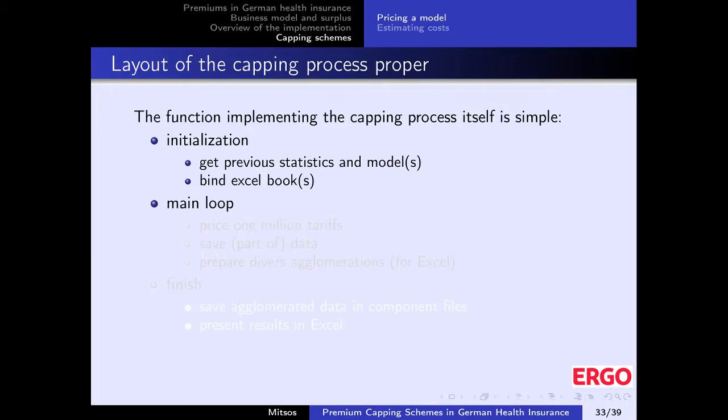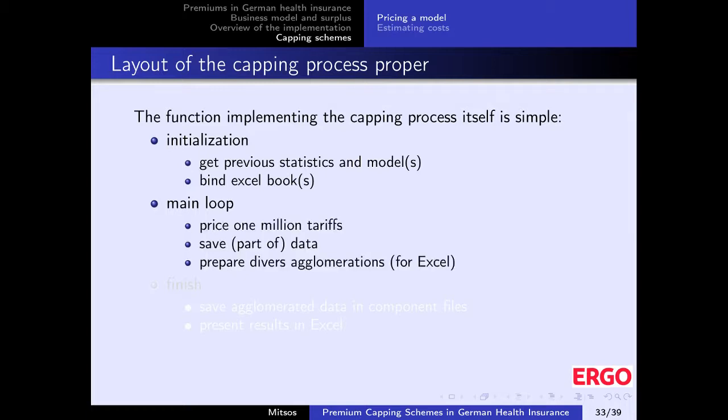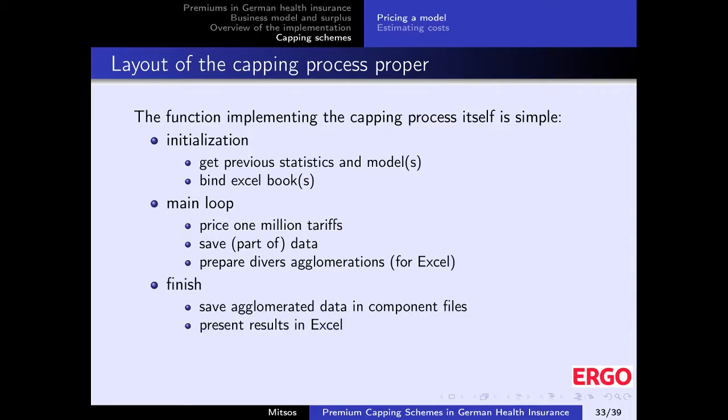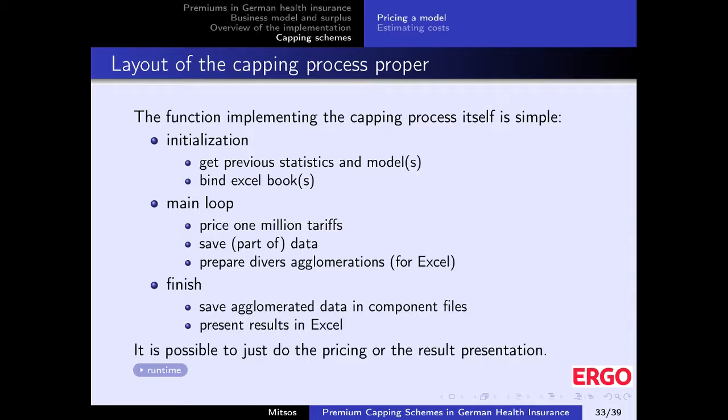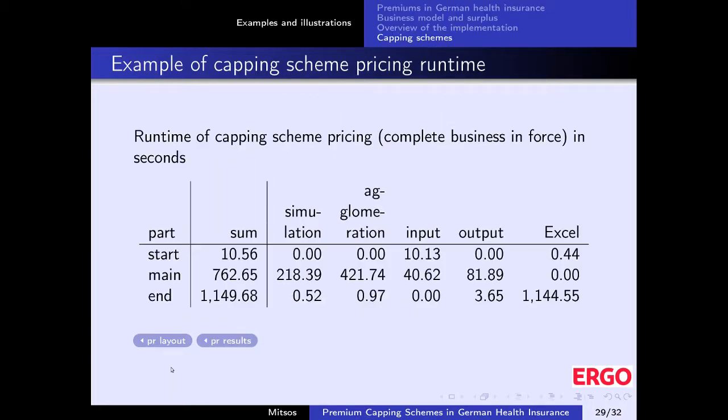Again, it's a very simple scheme with a preparation and then a main loop, getting these big matrices, doing some straightforward calculation, preparing a big range of agglomerations, and then saving the agglomerating data and presenting it in Excel. If we look at the runtime, this is the presentation in Excel, and it completely dominates the pure simulation.